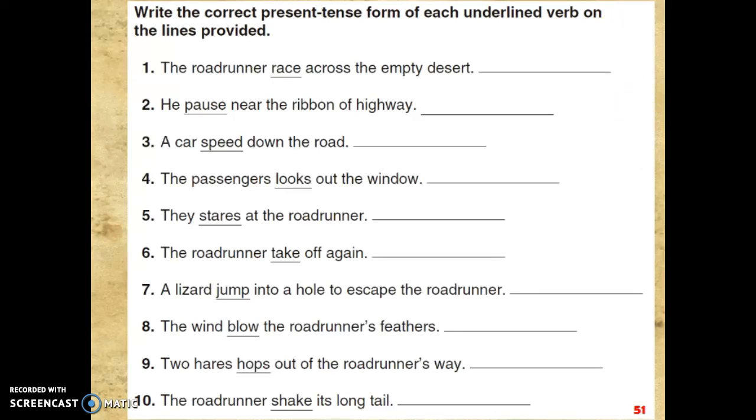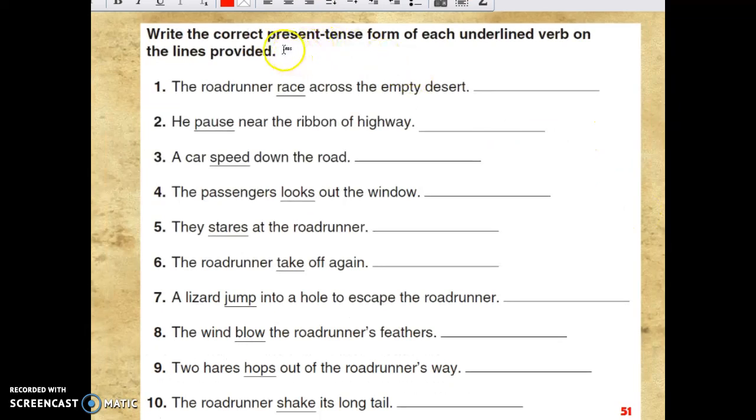Okay? I'm going to add a direction here. I also want you to grab your highlighter, and I want you to highlight the subject in each sentence. Okay, as well.